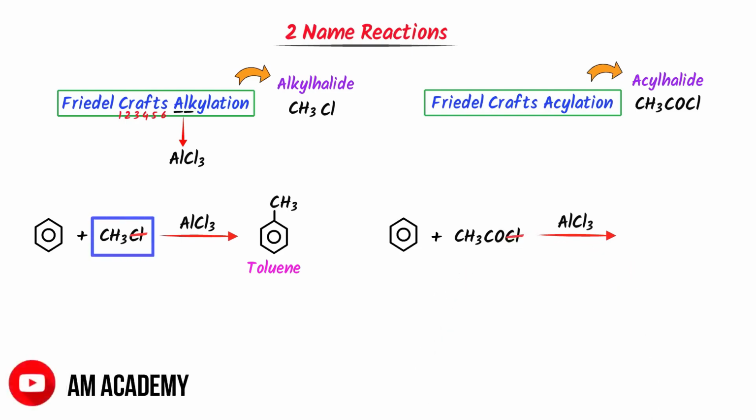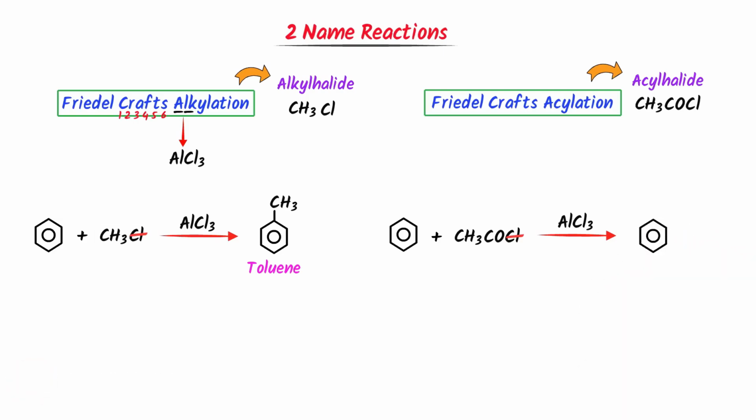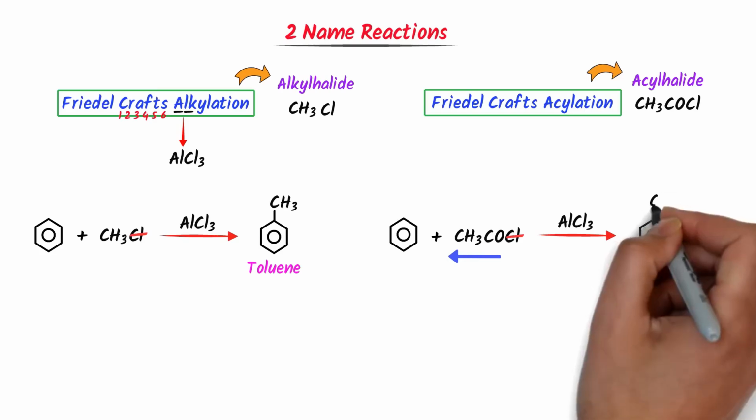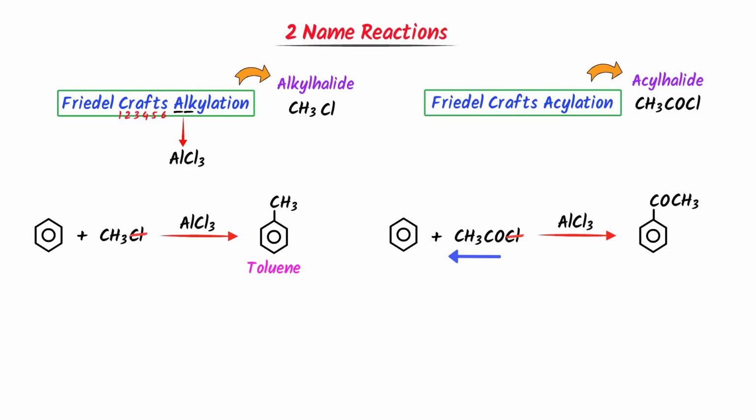Similarly, I also cut Cl here. I take benzene and I write it here. Lastly, I go from back to write CH3CO. I mean, I write CO and then CH3. I get acetophenone. This is the Friedel-Crafts acylation. So note down these two reactions.